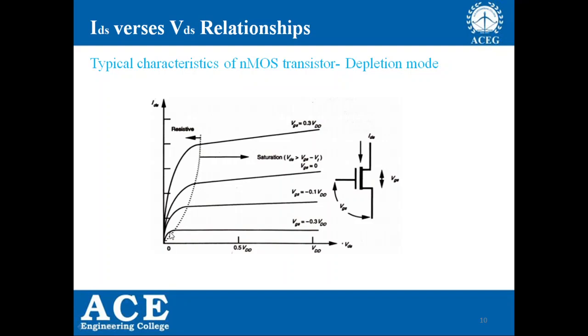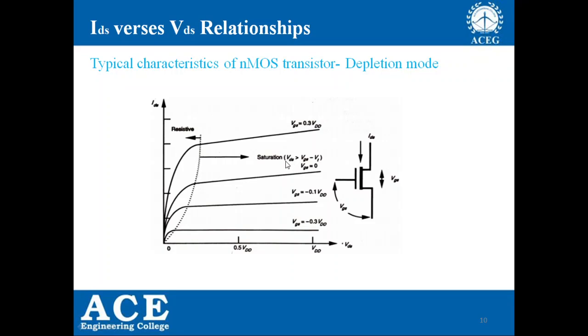And the region in which the current is rising linearly with the voltage, we can call it the linear region or resistive region or non-saturation region. So this region, okay. And the region in which the current becomes constant, we can call the saturation region.